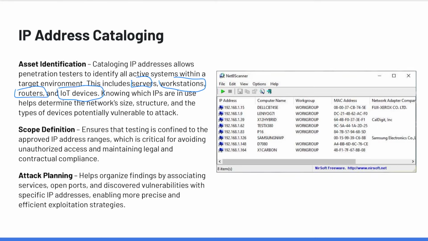So using IP address cataloging, we can find out all the IP addresses that are on a particular network. And I think by now it should be fairly obvious why that's useful, because once we have an IP address, we can start scanning those IP addresses to find open ports, to perhaps get some more details like the identity of the particular device corresponding to that IP address.